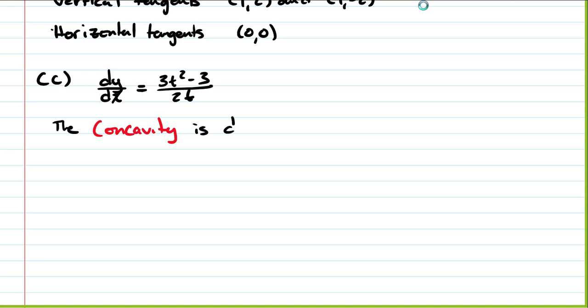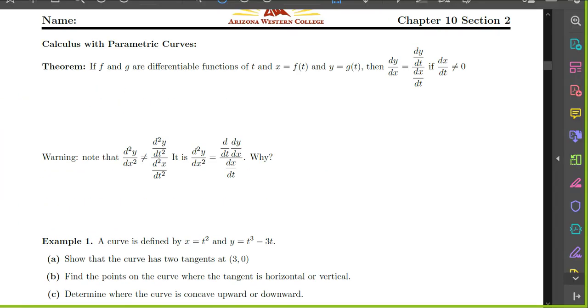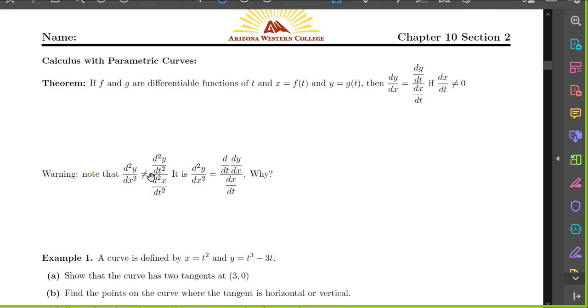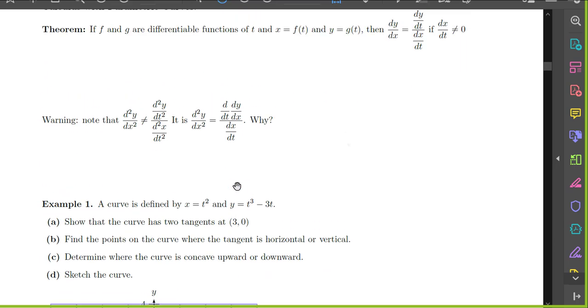Concavity is determined by the second derivative. So our formula for finding the second derivative was d2y/dx squared is d/dt of dy/dx, divided by dx/dt.